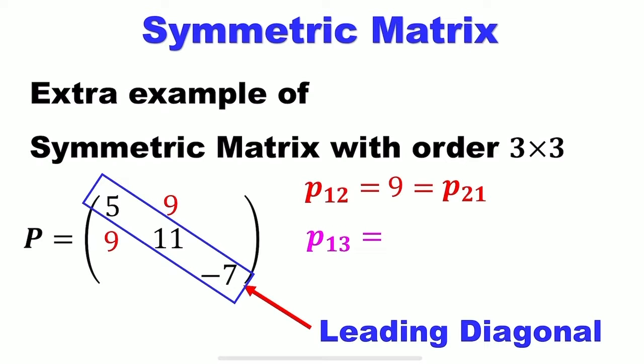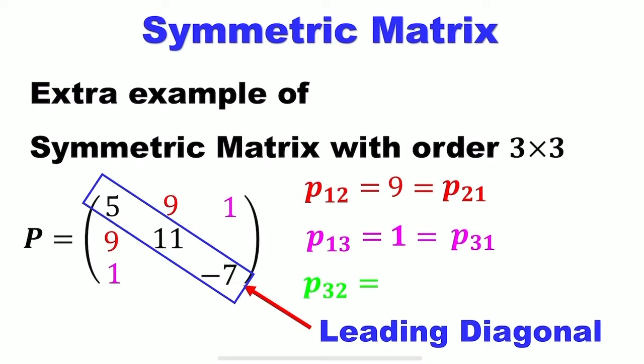P13 is the entry at row number 1, column 3, which here is equal to 1, and it reflects along the leading diagonal to P31, which is row number 3, column 1.